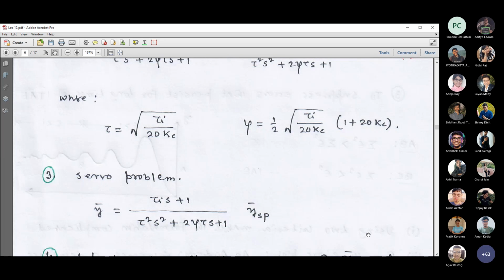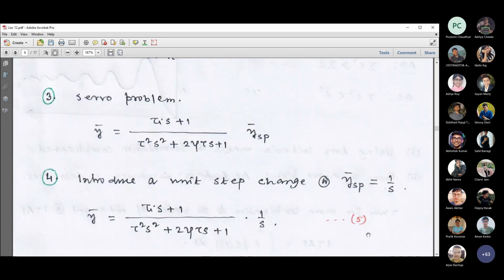So accordingly, this is our CLTF. In the next step, we would like to introduce a unit step change in the set point, YSP.